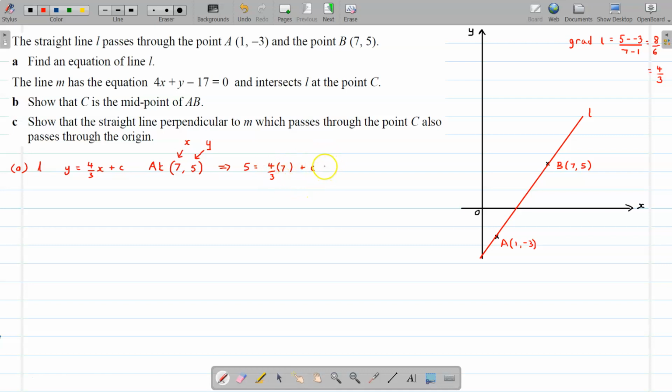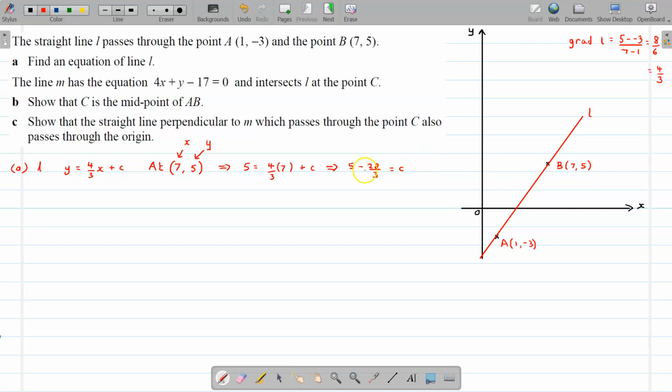Now, what I'll do first is I'll times this out. So this is 28 over 3. So I could say that 5 minus 28/3 is equal to c.